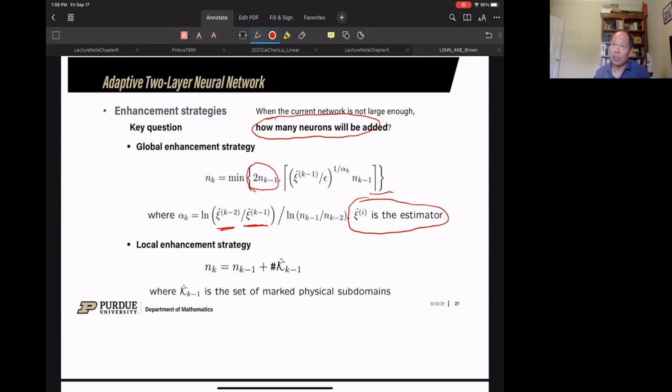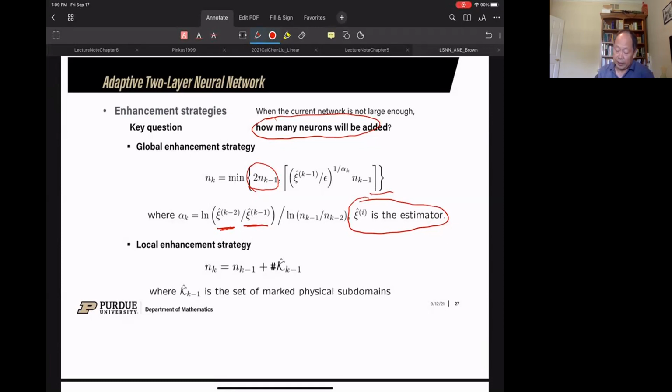Of course, if you're using other losses, then that becomes an issue. But again, there is a lot of machinery from finite elements we can use. Our favorite one, at least in the current state where it really works, is our local enhancement strategy.